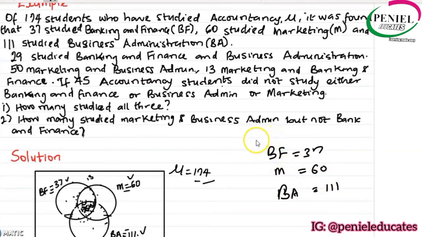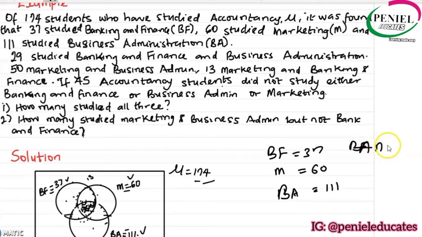That is the universal set of the students, 100% who have studied accountancy. Now we have 29 studied banking and finance and business administration.